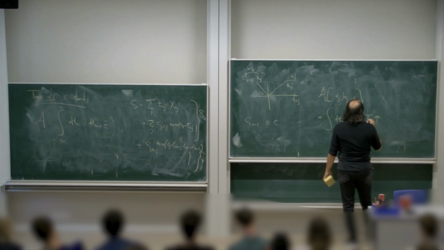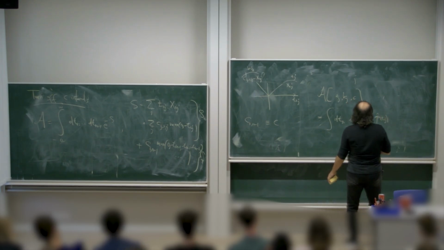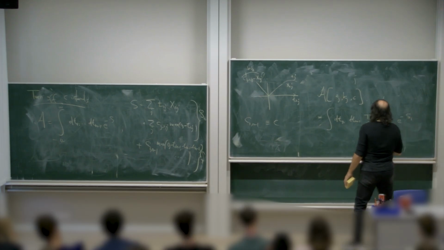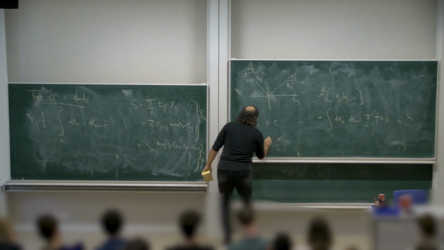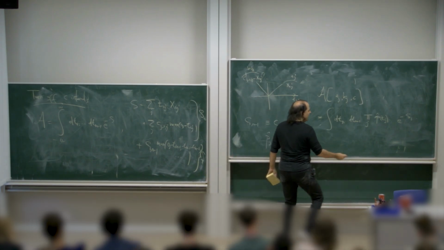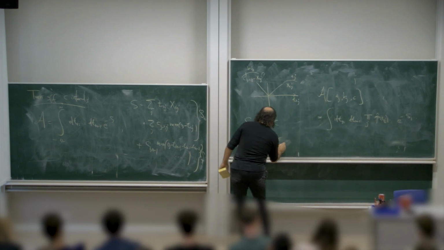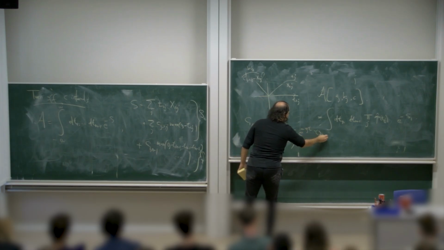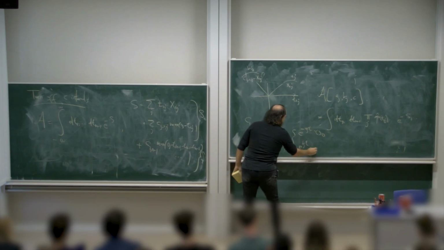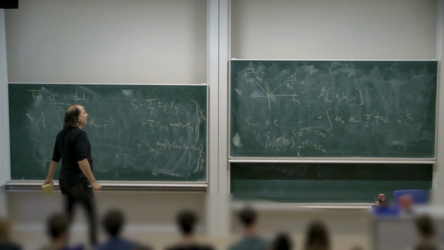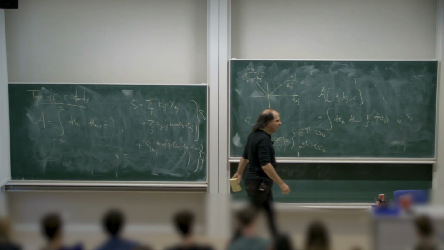Slightly suggestively, I'll write them as p hat of tj, and then an e to the minus S1. Where p hat j of t1j is e to the minus aj t when t is positive, and e to the bj t when t is negative. That's just exactly the thing that we're talking about. So that's our integral.